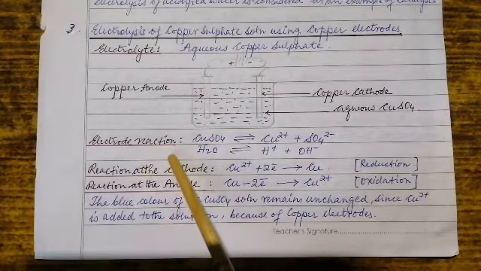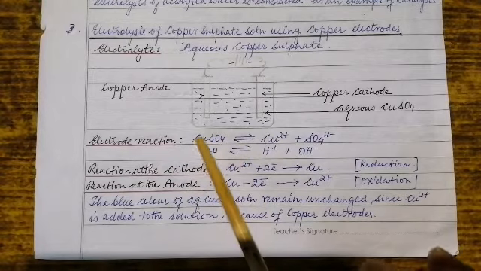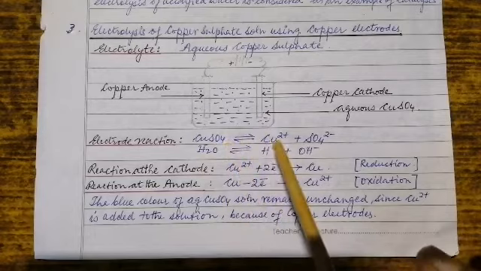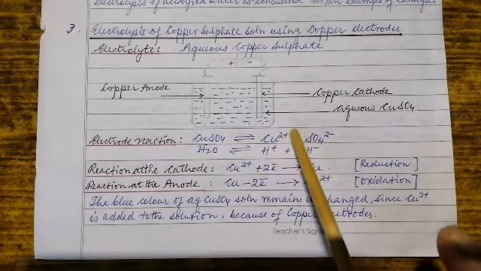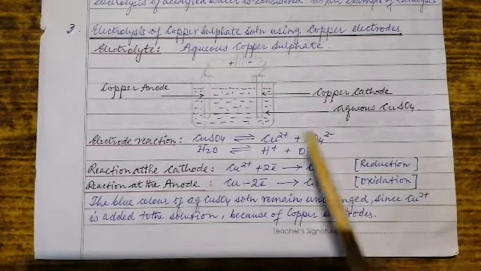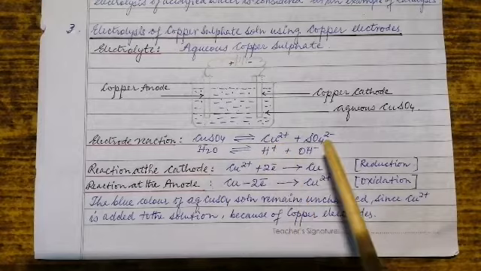So the electrode reaction, look at it. Copper sulfate solution, CuSO4 dissolved in water. CuSO4 gives rise to cupric ions Cu2+ and sulfate ions SO4 2-. Then water will decompose into H+ ions and OH- ions.